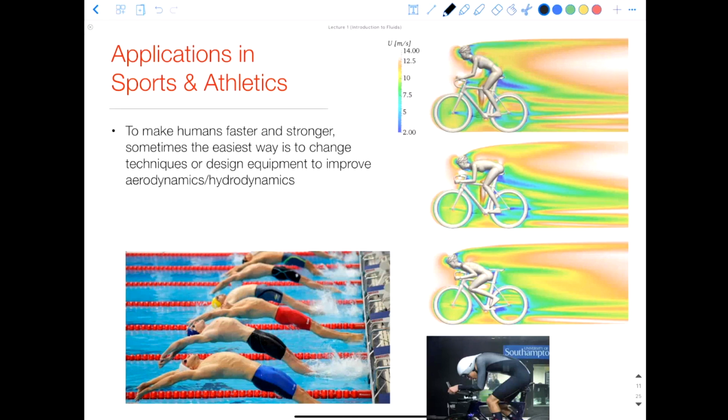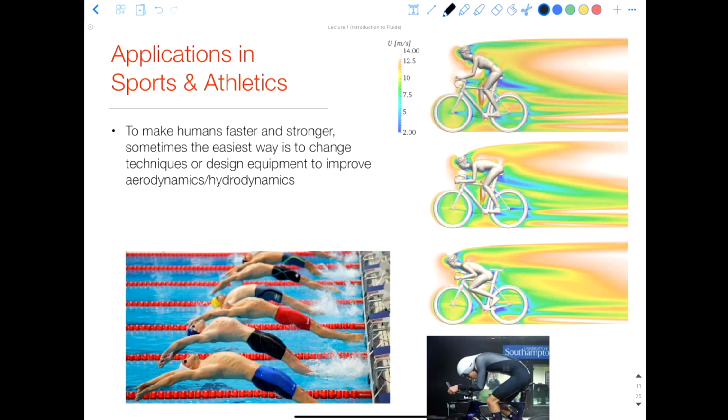And a lot of times the easiest way to do that, along with training, is actually just to design equipment or change our techniques that allow us to be more aerodynamic, more hydrodynamic, or make use of the fluid medium that we are moving through.